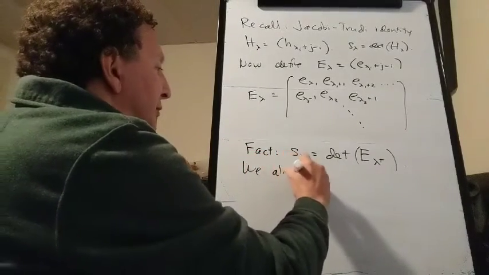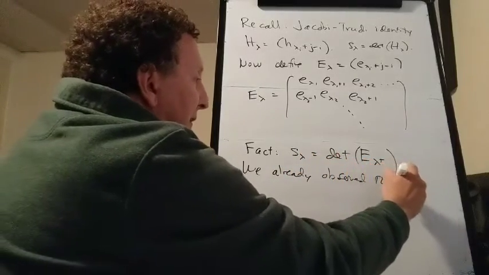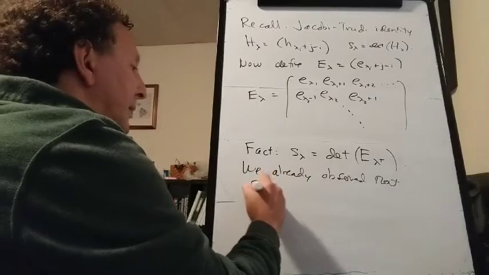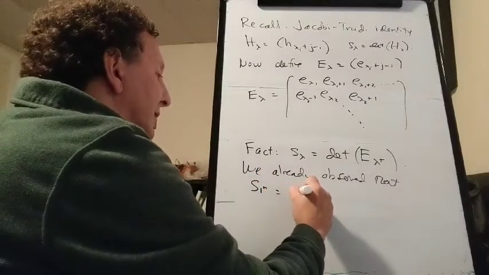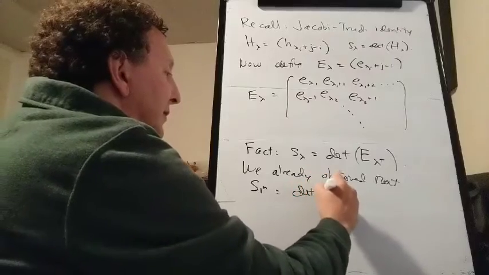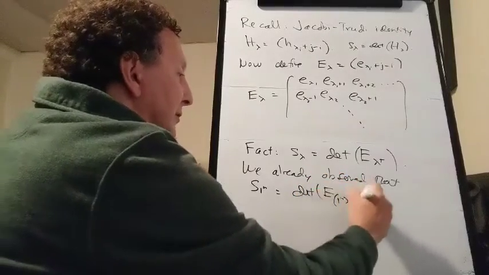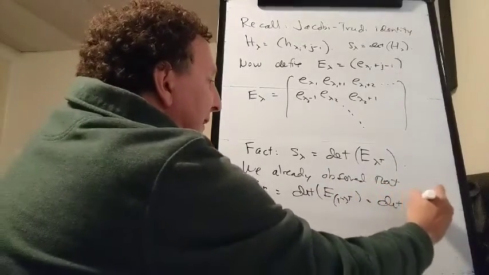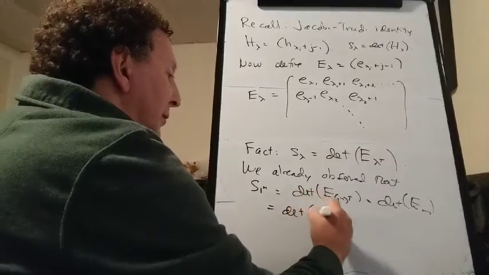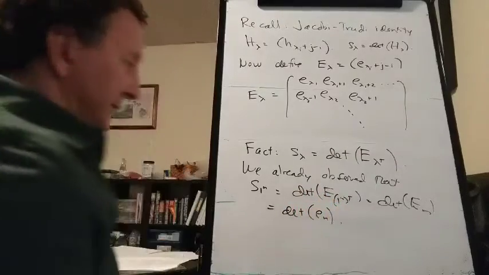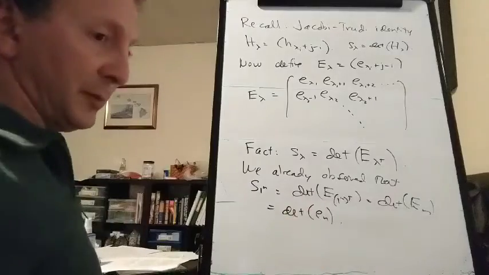Now we already observed that S 1 to the n is the determinant of E 1 to the n transpose. In other words, the determinant of E n, which is the determinant of this 1 by 1 matrix that just has e n in it, because S 1 to the n is equal to e n.